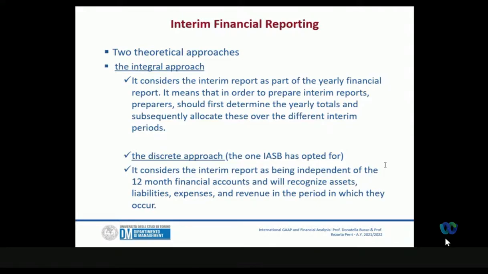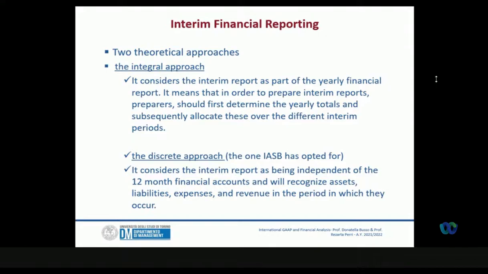For example, if I'm preparing the quarterly interim reports and I need to calculate the depreciation charge under the integral approach, this means that I will first calculate the depreciation for the year, and then I will divide it by 4 because there are 4 quarters in 1 year. Basically, this is not very practical, as you can understand.